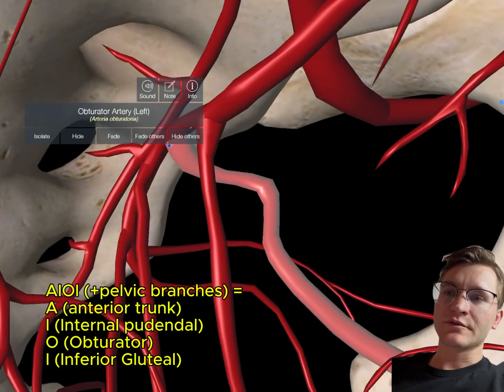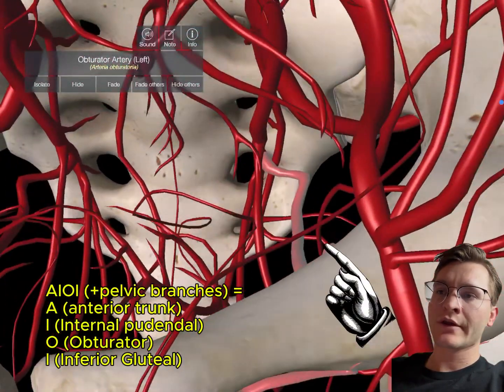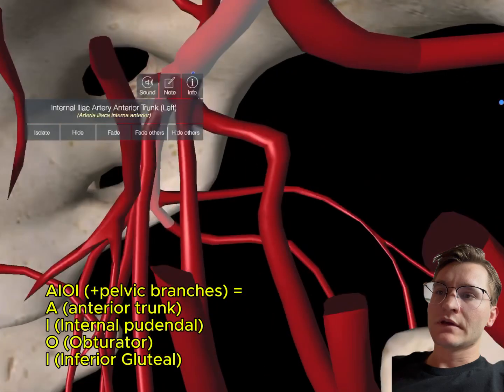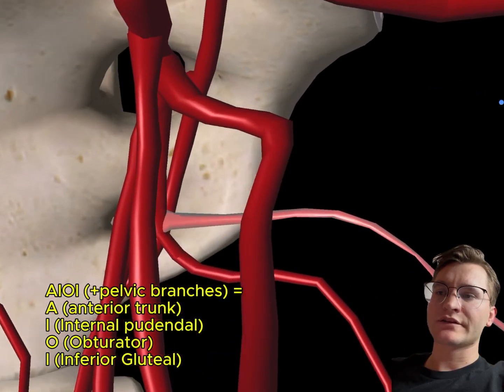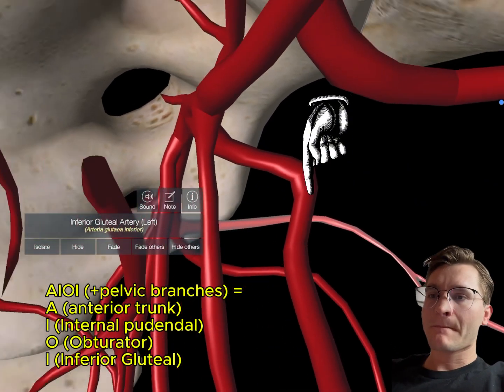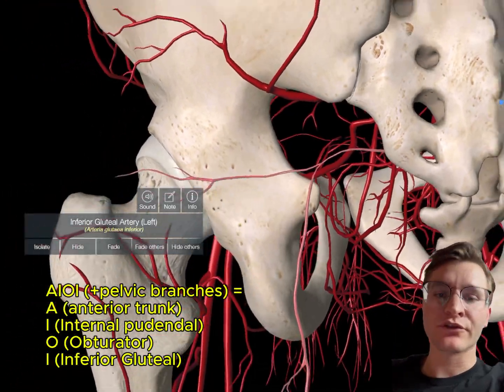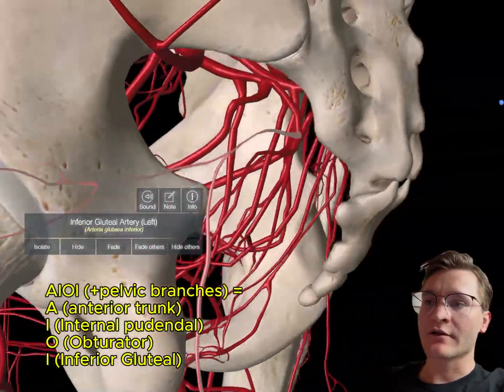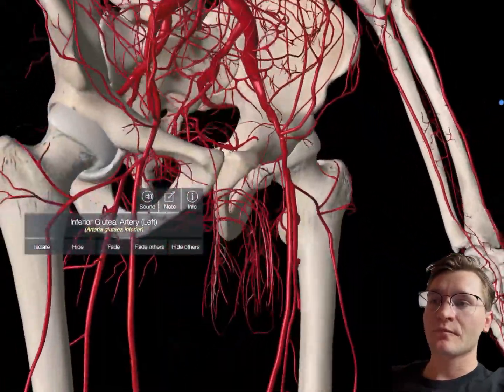The umbilical artery is a part of the pelvic branches. And there we go, that's the obturator artery right there. We also want to find our inferior gluteal artery, which is sitting behind it. It's shooting out posteriorly because our gluteals are in the buttocks area, towards the back of our body.